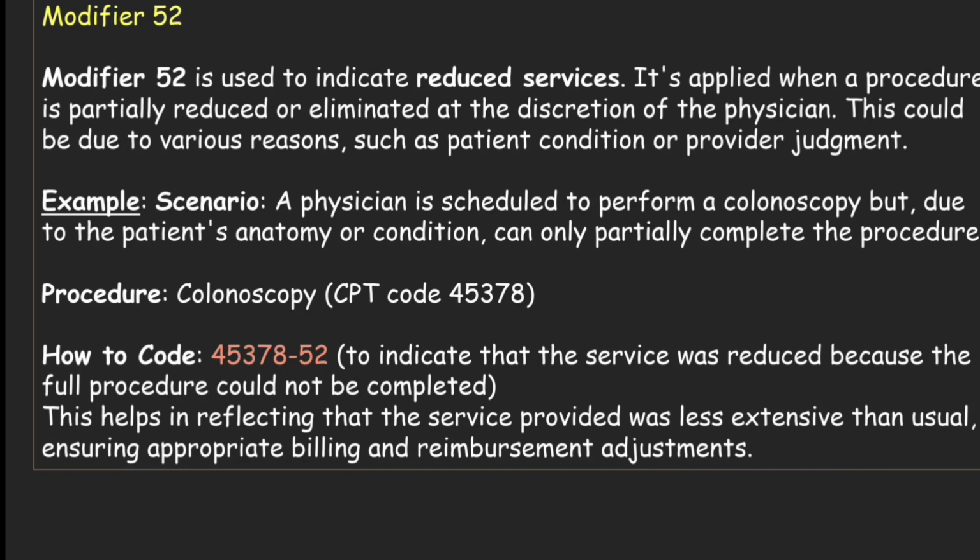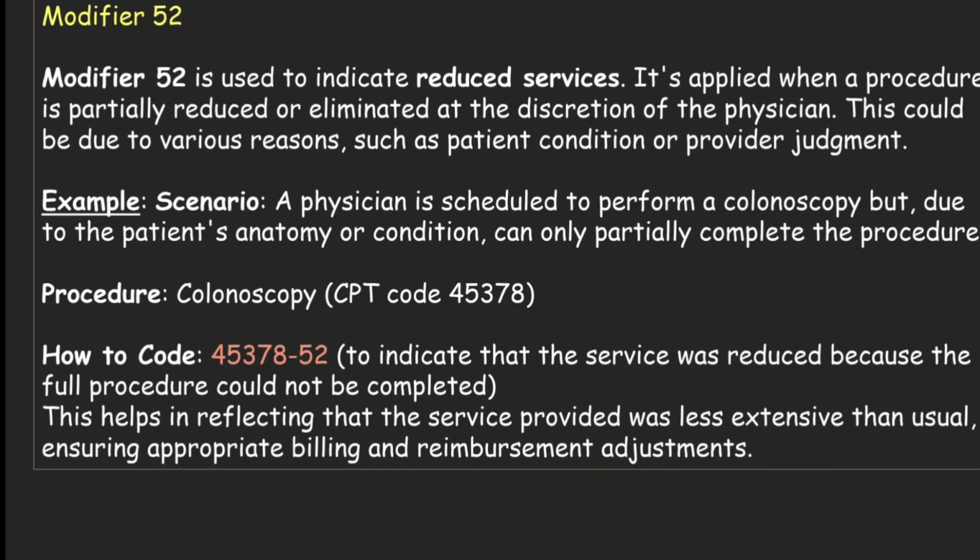For example, a physician is scheduled to perform colonoscopy, but due to patient's anatomy or condition, he can only partially complete the procedure. So how we will code this? We will use colonoscopy code along with modifier 52. That is to indicate the service was reduced because full procedure could not be completed.